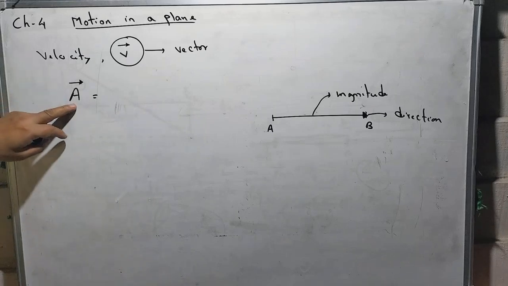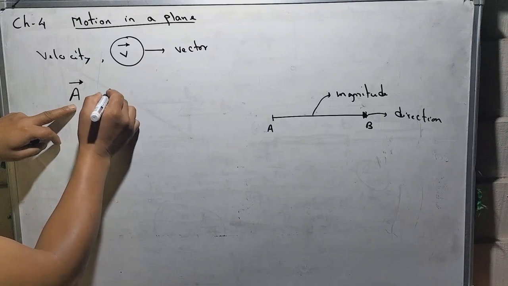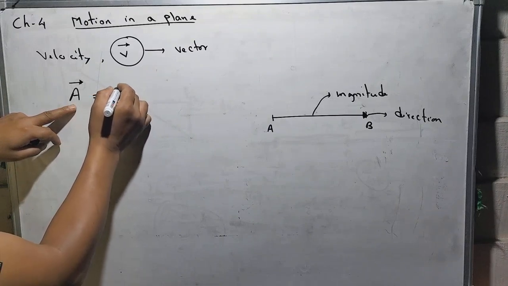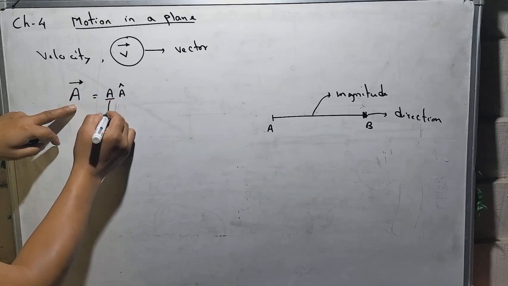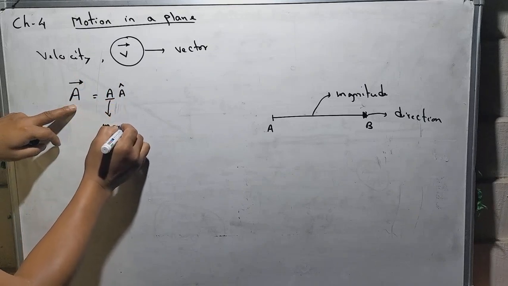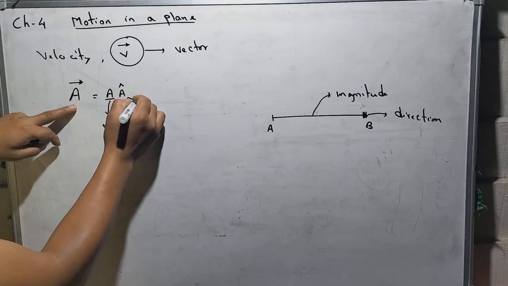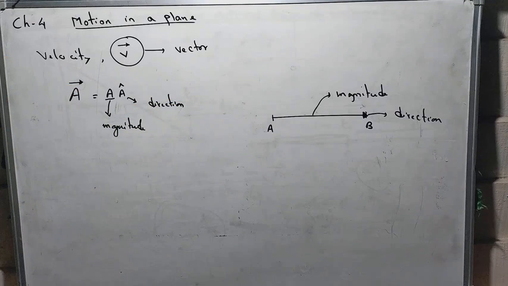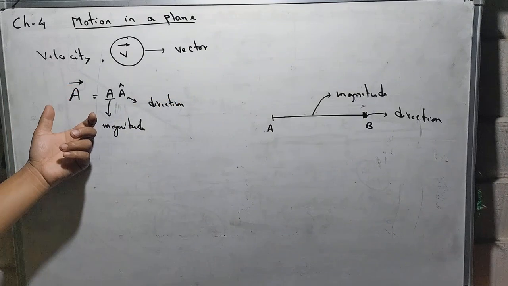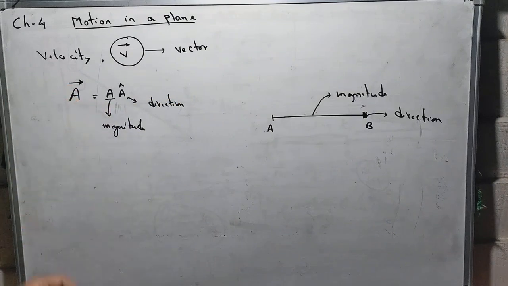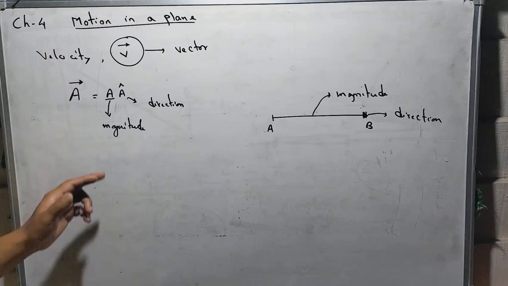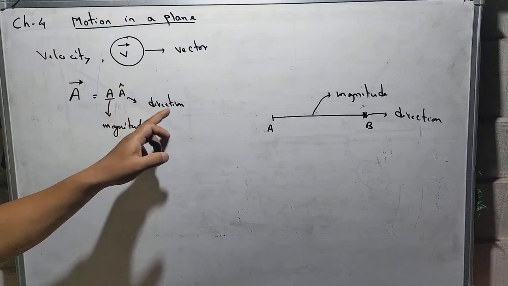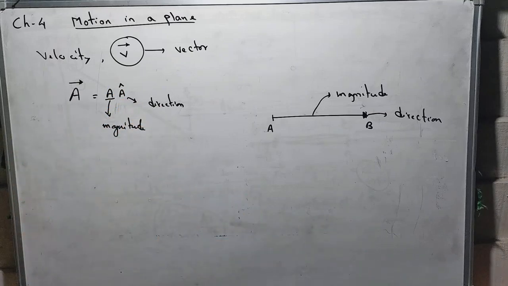So if A arrow is a vector, then I can say A arrow is equal to A times A cap, where A stands for the magnitude, and this A cap tells the direction of this vector A. So this is how we write a vector quantity in terms of scalar and unit vector. Please remember, A stands for magnitude and A cap tells the direction of this vector A.